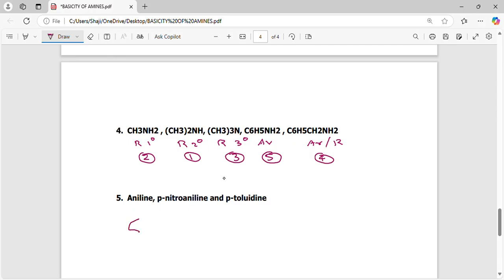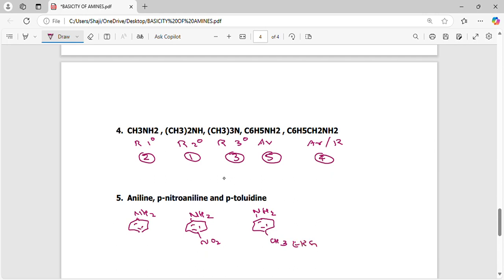Okay. And finally, aniline. Aniline is the one with the NH2 alone in the benzene ring, but para-nitroaniline means NH2 is there, but in the para position the NO2 group is also there. Para-toluidine means aniline with a CH3 group in the para position. Because of the CH3 group, it acts as an electron releasing group.